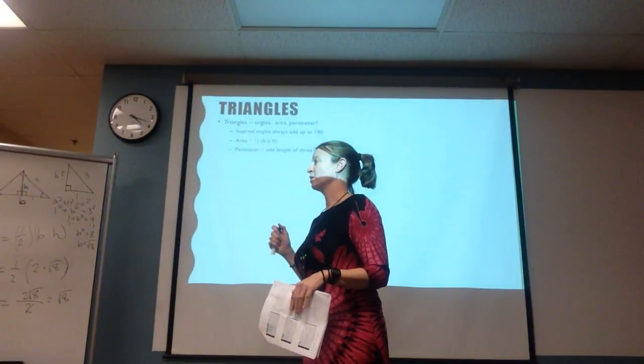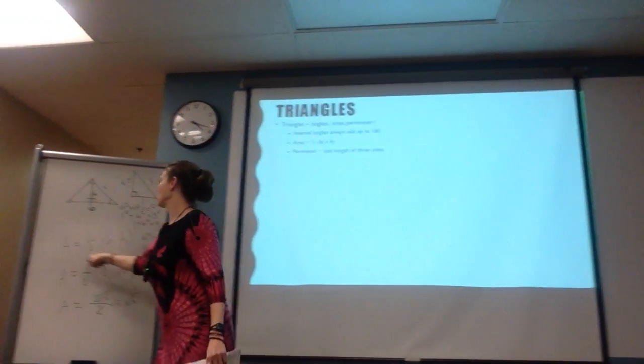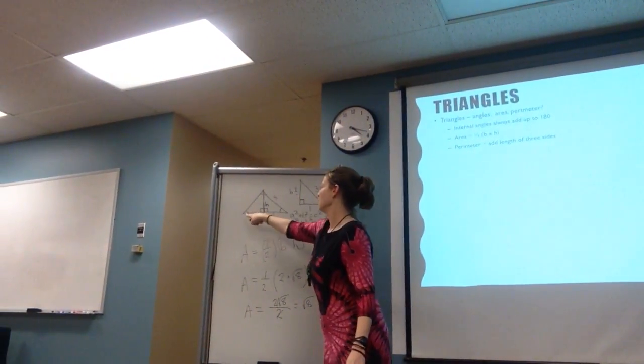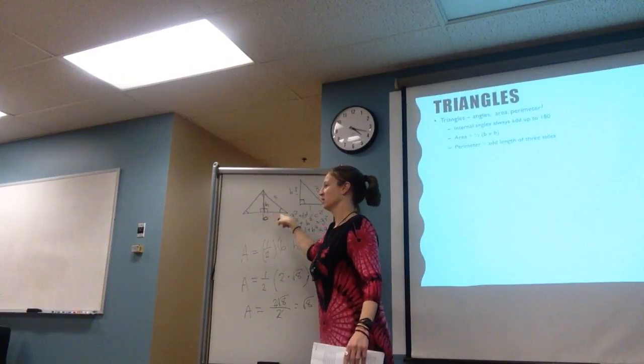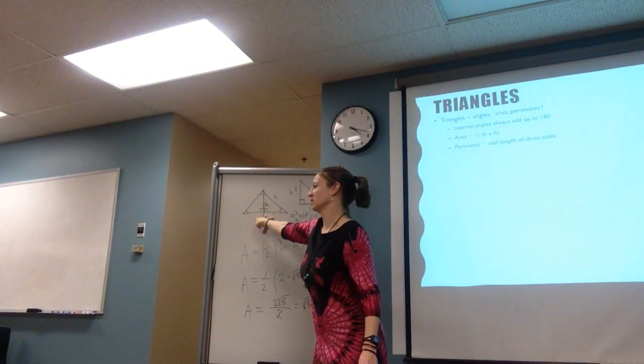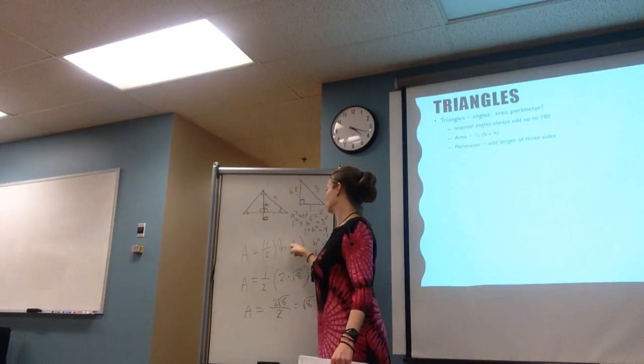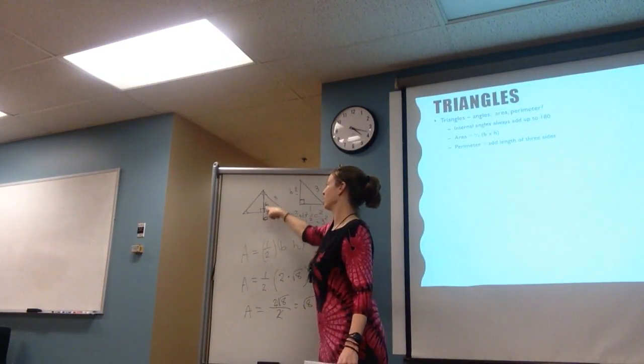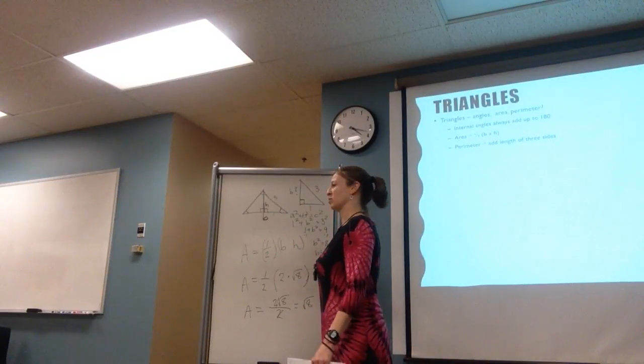You did plug in the numbers to find the area. Area is 1/2 base times height. Base was this, and half of the base was 1, so the total base is 2. So 2 times, we solved for the height. The height was the square root of 8.